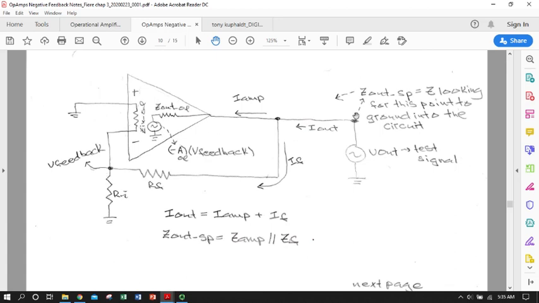So we're going to stand here at Zout SP, which is the output impedance, closed loop, series parallel, that we're going to derive the expression for. And we're going to look at what would happen to a little test signal, an AC signal, as it moves from this point into the op-amp or around it.